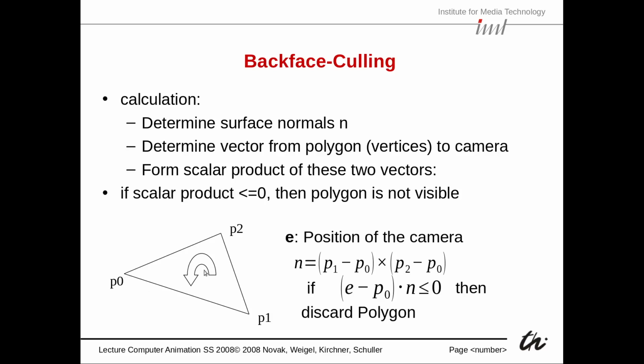Then it's visible. Otherwise, if this is less than 0, that means the normal points in the other direction, then we can discard it. So if this is positive, that means the normal points towards the camera. If it's negative, that means the normal points away from the camera.